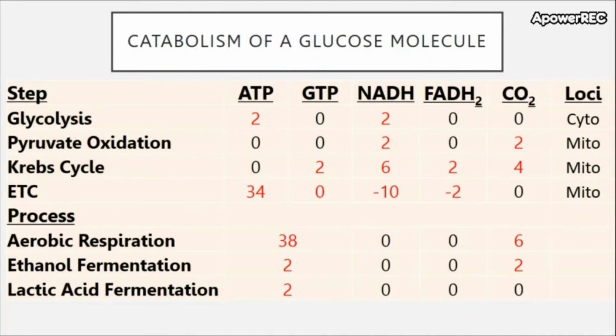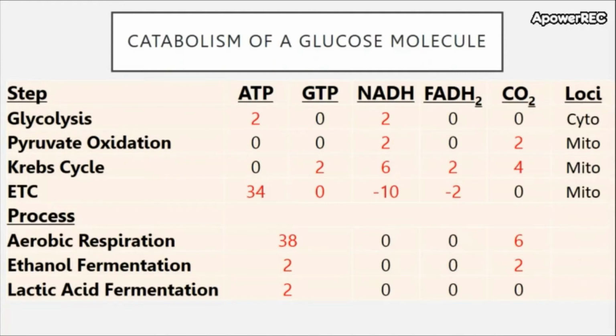In glycolysis, we saw we have 2 ATP and 2 NADH generated, and this is done in the cytoplasm. For pyruvate oxidation, we have 2 NADH produced and 2 CO2 produced as well. The Krebs cycle, we saw 2 GTP produced, 6 NADH, 2 FADH2s, and 4 CO2s.